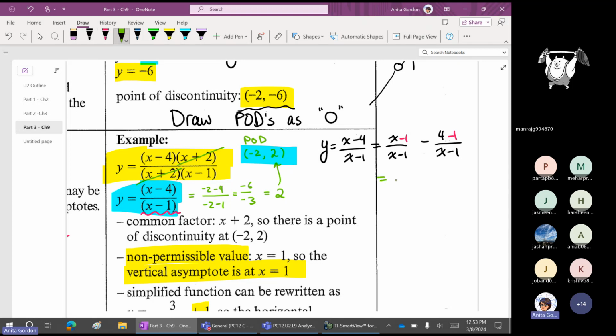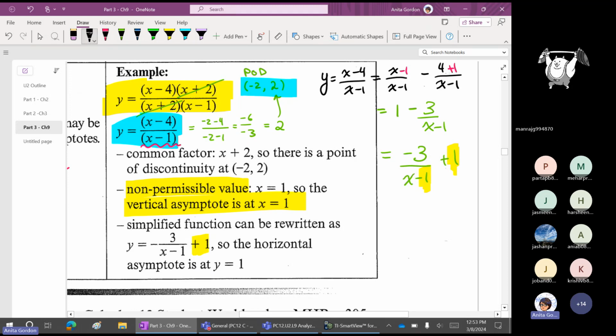So this gives me 1 plus, oops, this should have been a plus, sorry. Whatever I write in the first fraction, I got to do the opposite sign in the second fraction. So this is not 5, this is -3 over x minus 1. Or you can put the fraction in the front, -3 over x minus 1, plus 1. So here is the asymptote that we are missing, 1 and 1.